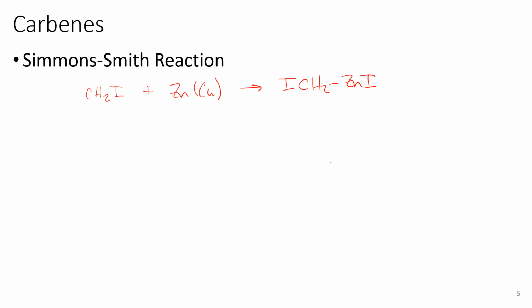If I take that mixture and put it in the presence of my alkene, we end up producing that same 3-membered ring intermediate, as well as a byproduct of the salt zinc iodide.